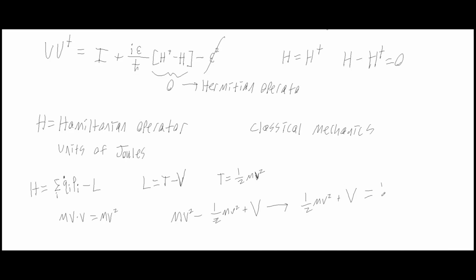And that is equal to our Hamiltonian, because we got it from right here. So if the Lagrangian is kinetic minus potential, H is going to be equal to kinetic plus potential.